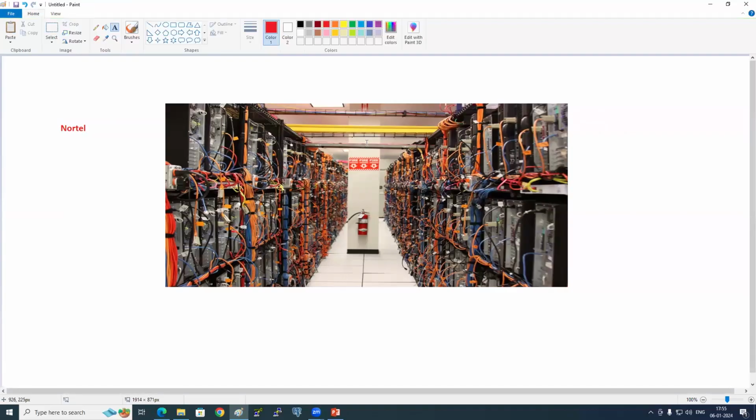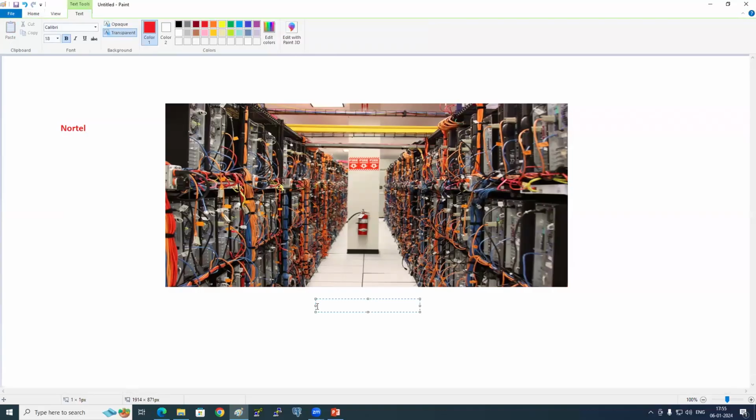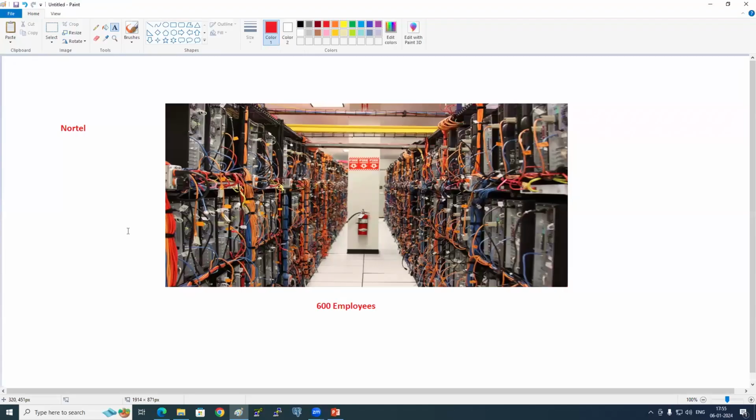In this data center in Infosys, we were only 3 people. 3 people handling the whole data center. You know how many employees were connected to this data center? 600 employees. Only 3 people were working for the data center: myself, one girl and another friend, one boy.